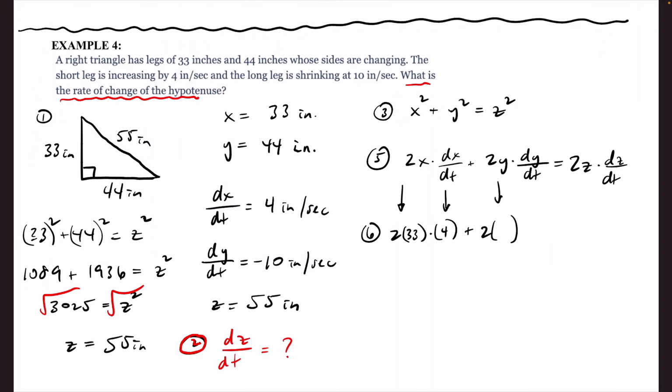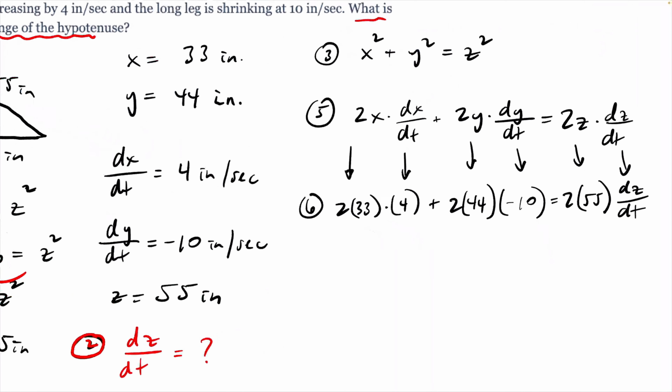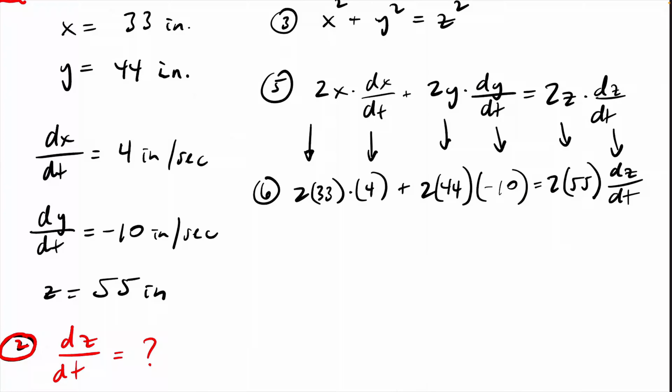Y is 44. dy over dt was negative 10, equals 2z. Z was 55. dz over dt, I do not know, so I'm going to write dz over dt. I plugged in for everything except for dz over dt. That's okay. I can solve for it.